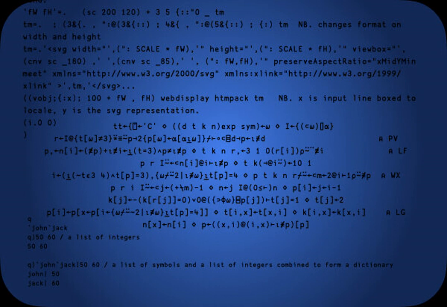And of course the fact that tables are lists, not dictionaries.